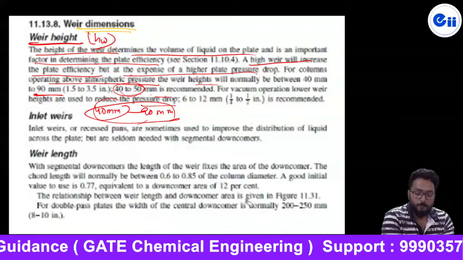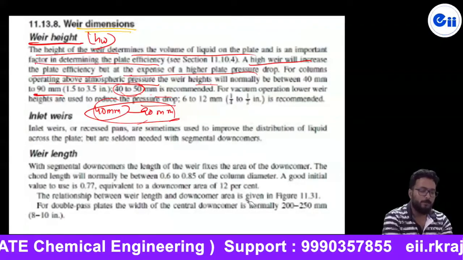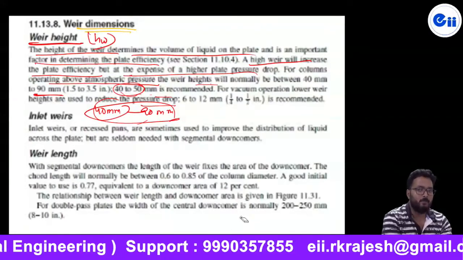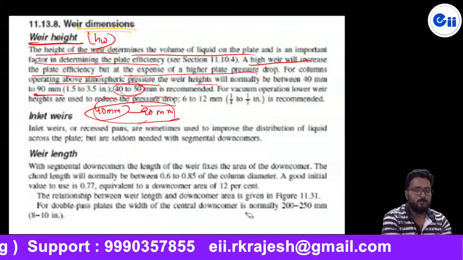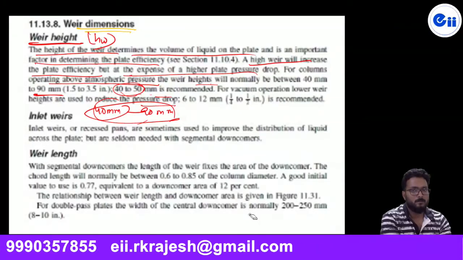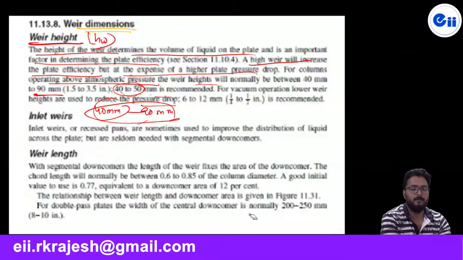First of all, in a vacuum column, if we are going to operate our column at low pressure, then the density of vapor will be low, and if the density of vapor is low, then obviously for the same area, the velocity of vapor will be high.